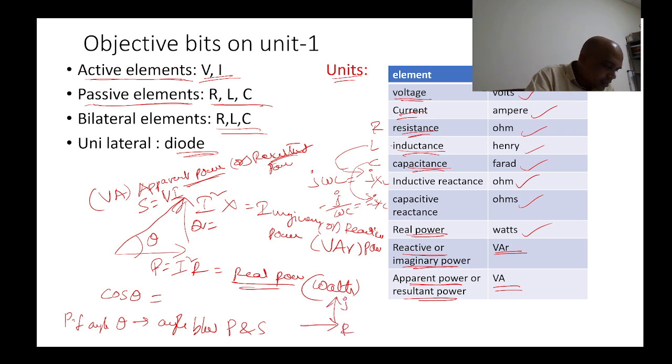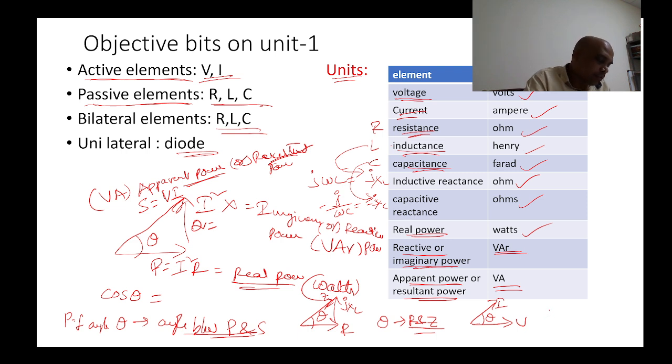Power factor can also be defined in terms of resistance and impedance. This is jXL. This is impedance. So theta is the angle between R and impedance. This is also called the perfect triangle. So what is the perfect triangle? The angle between real power and apparent power, or the angle between resistance and impedance, or if you take voltage and current, the angle between V and I is also known as the perfect triangle.